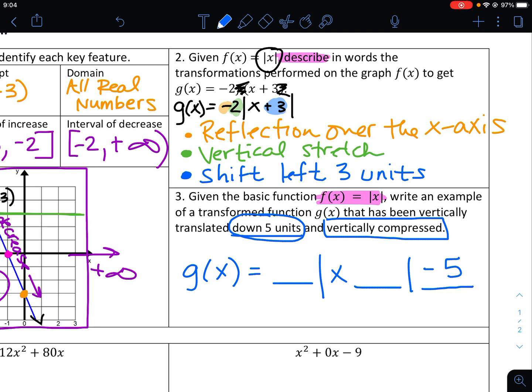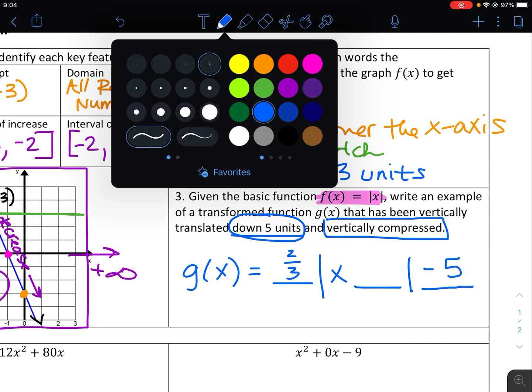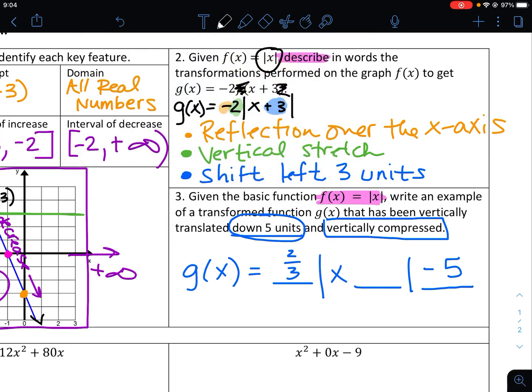Let's go with that 2/3. You can pick any fraction you want, again, as long as it's less than 1, but not negative, because we had a vertical compression, not a reflection over the x-axis. And then we'll just rewrite this now without all the lines and the blank spaces. G of x equals 2/3 absolute value x minus 5.